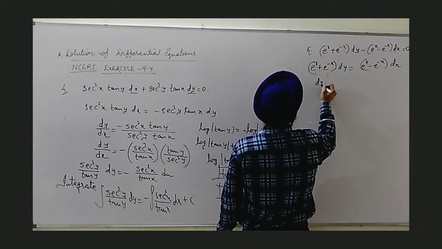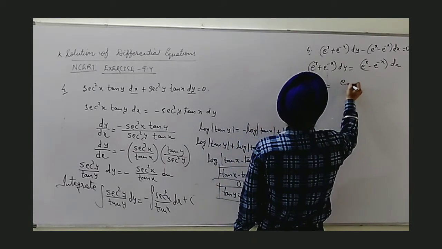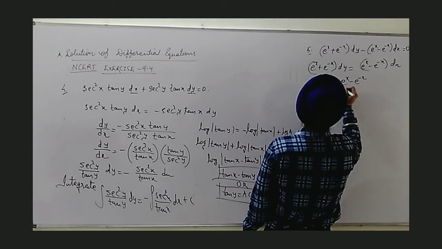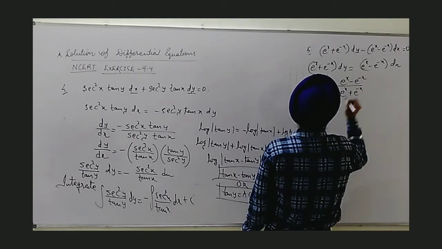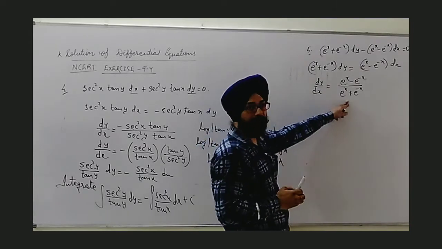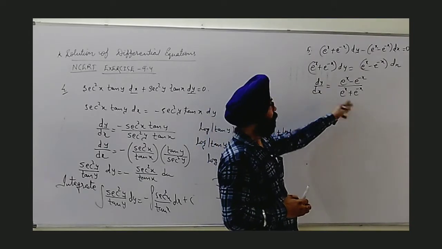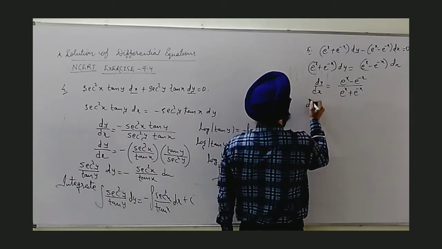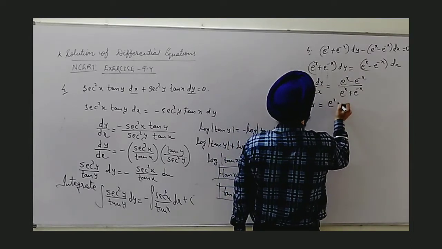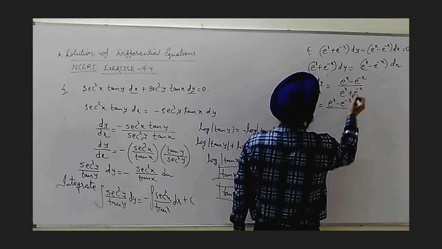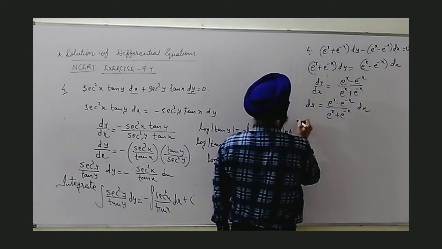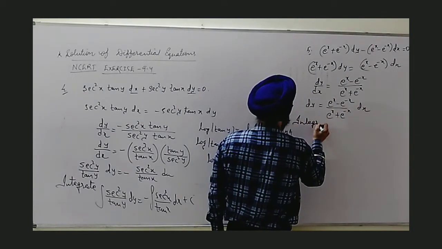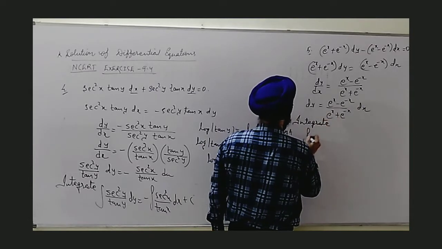So dy by dx is e raised to the power x minus e raised to the power minus x upon e raised to the power x plus e raised to the power minus x. Now this completely is a function of x only. So cross multiplying, we can say dy equal to e raised to the power x, all the terms as they are, no change. And after this, as soon as we attain the stage, integrate.